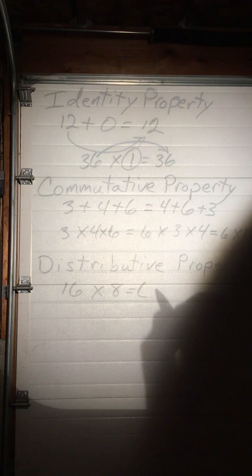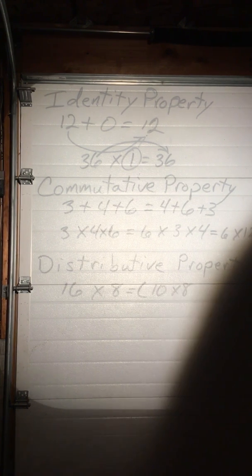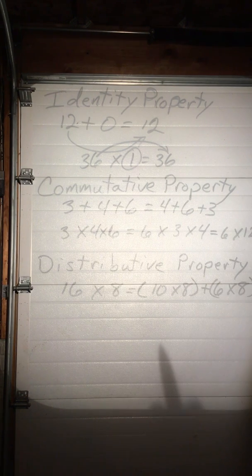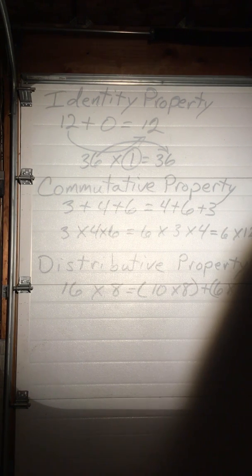So if we knew our tens times 8 plus 6 times 8, with the order of operations, we do everything in parentheses first, correct?